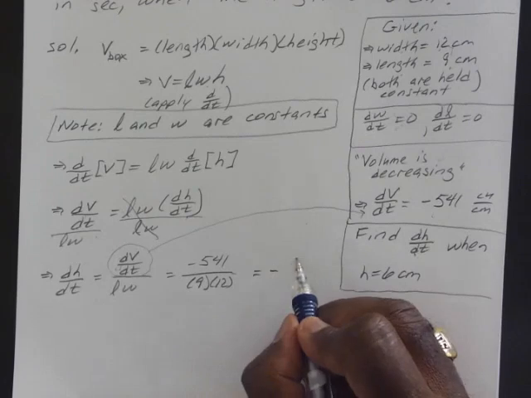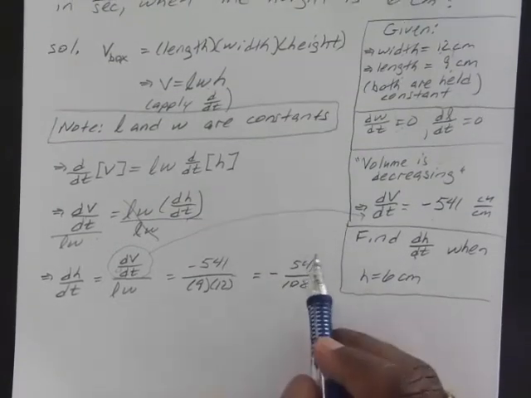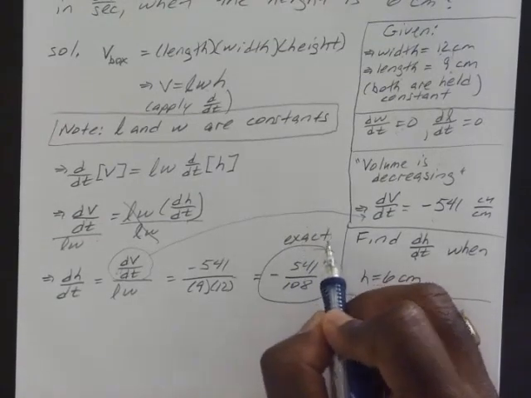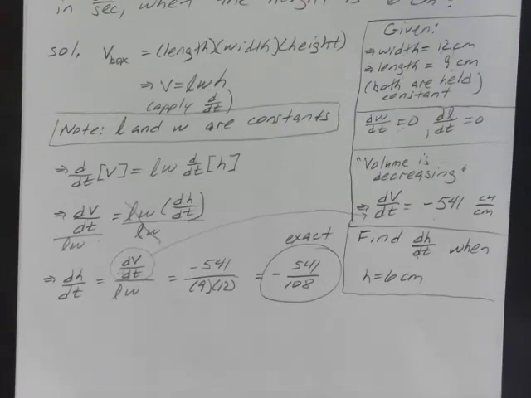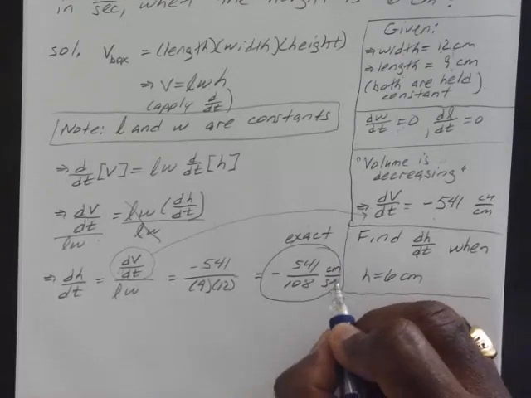Okay, so you can just rewrite that as negative 541 over 108 if they want the exact answer. If they want a decimal approximation, then you just plug that into your calculator. Oops. Centimeters per second.